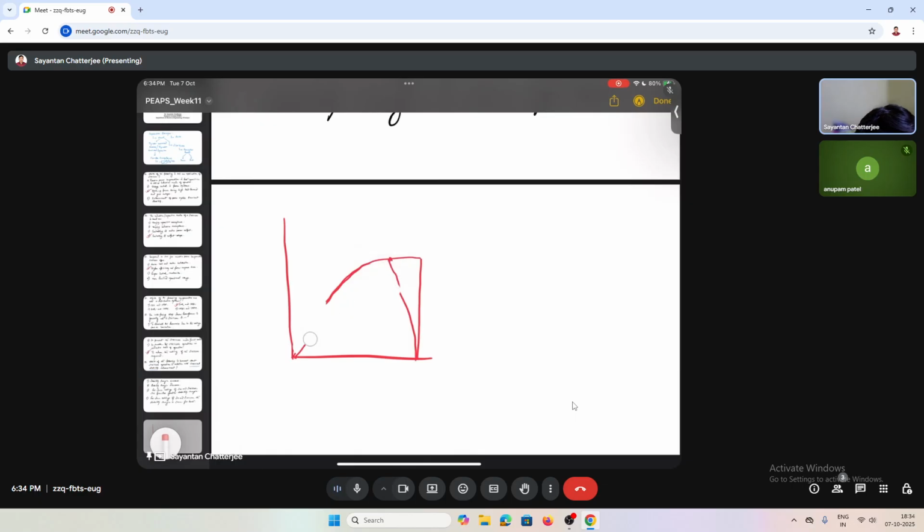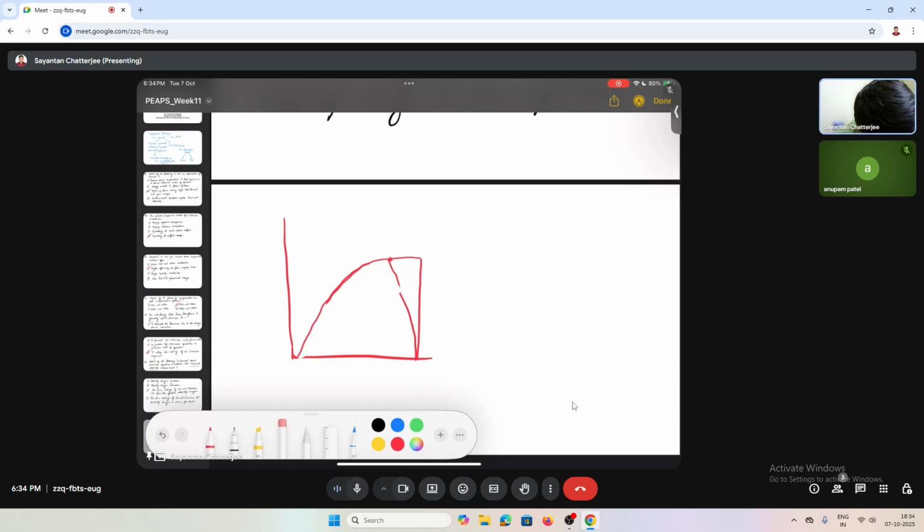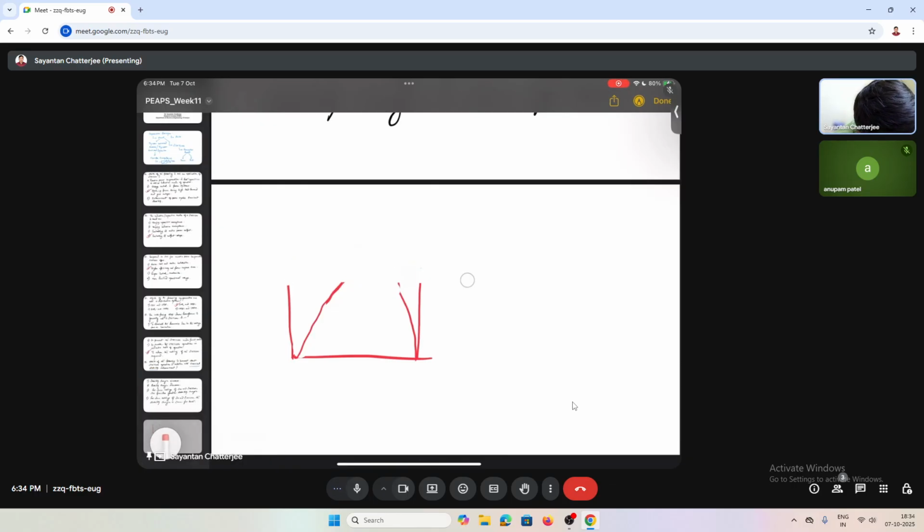For the first case, let's say both are following the same trajectory. We'll erase it once and start again.